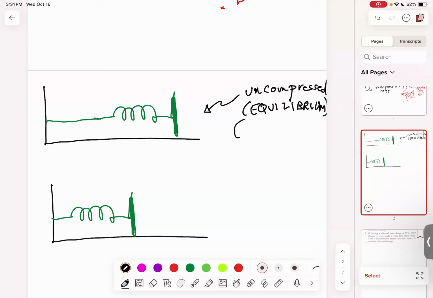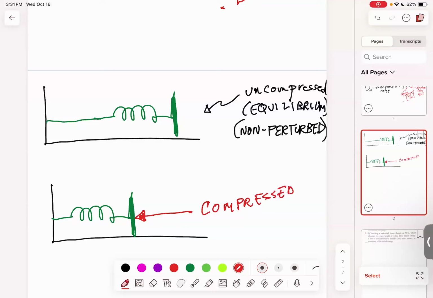Sometimes you may hear it as unperturbed. Okay. And then you apply some force to it to get it to move a certain distance. In this case, now this is compressed.